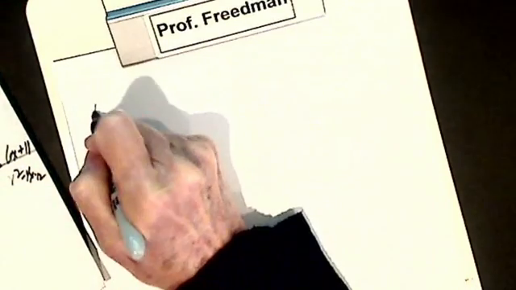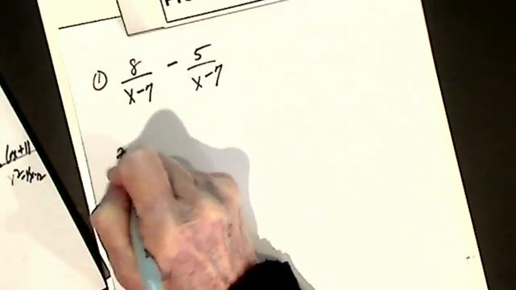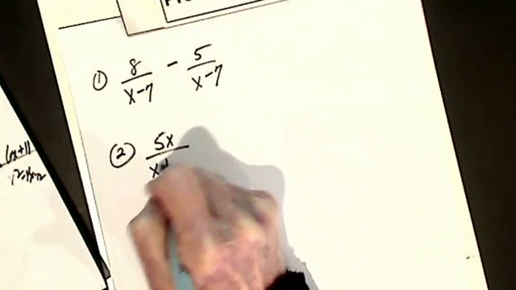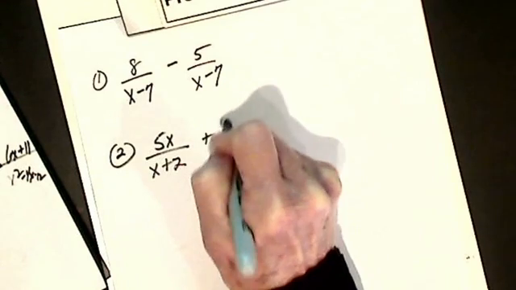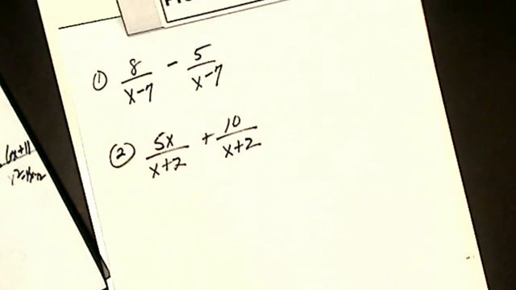Now, I just want to give you 4 to do before you do the homework. All right? 1. 8 divided by x minus 7 minus 5 divided by x minus 7. Everybody's going to get that right. All right? 2. 5x divided by x plus 2 plus 10 divided by x plus 2.